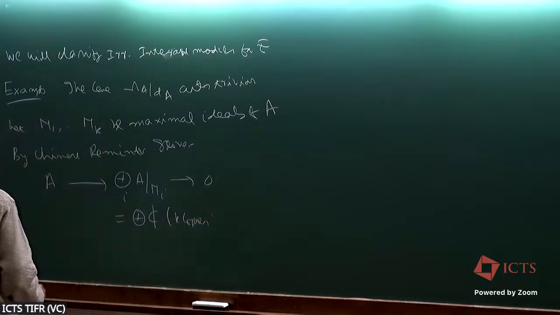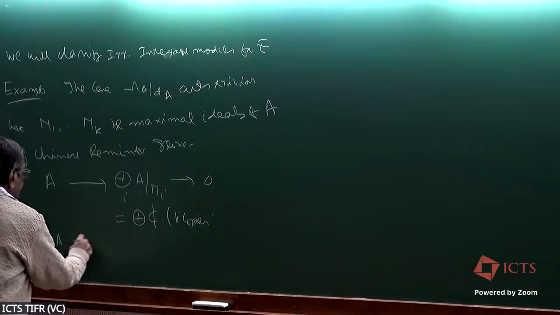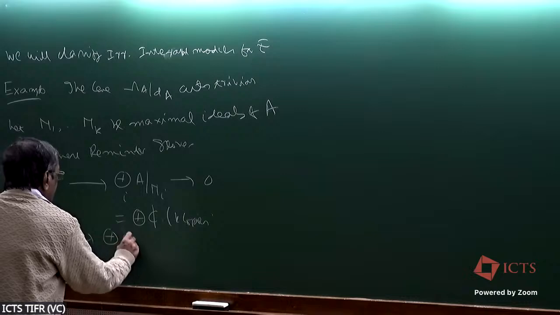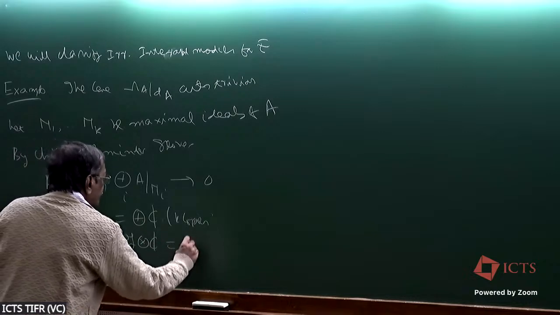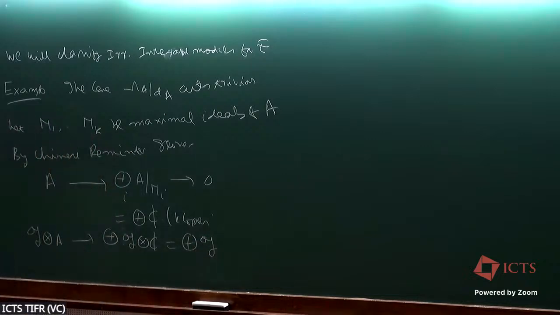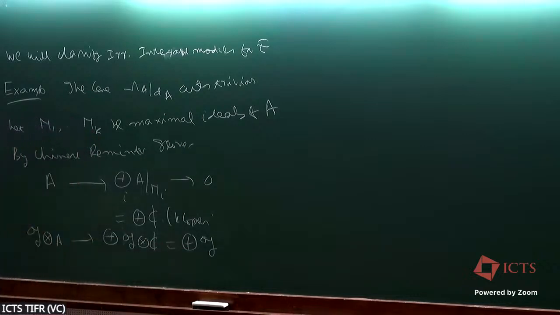Okay. Now we will do a little differently. So look at g tensor A. When you tensor with A, it's actually g, k copies. So there is a surjective map from here to here. This is what we call the evaluation map.